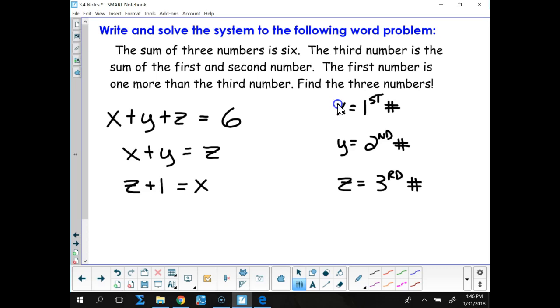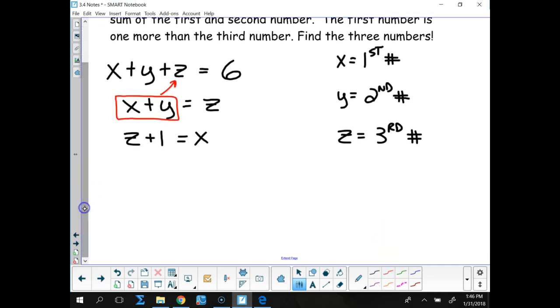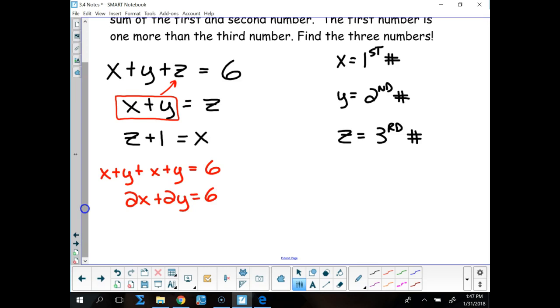Okay? Do you want to do elimination or substitution? Substitution. I'm going to take the middle one, and I am going to plug it into the top equation. That's going to give me x plus y plus x plus y equals 6. Or 2x plus 2y equals 6. Yes?